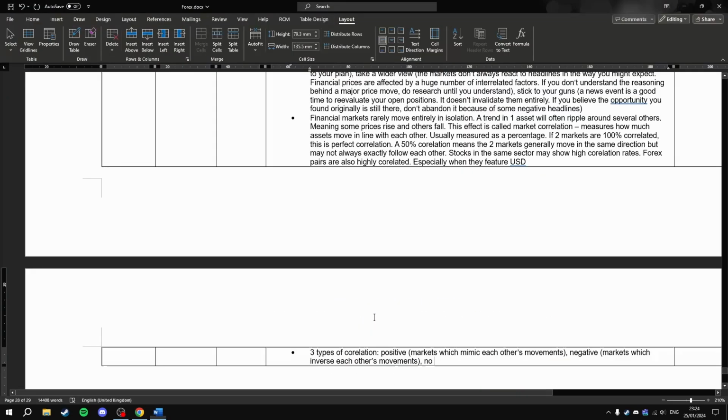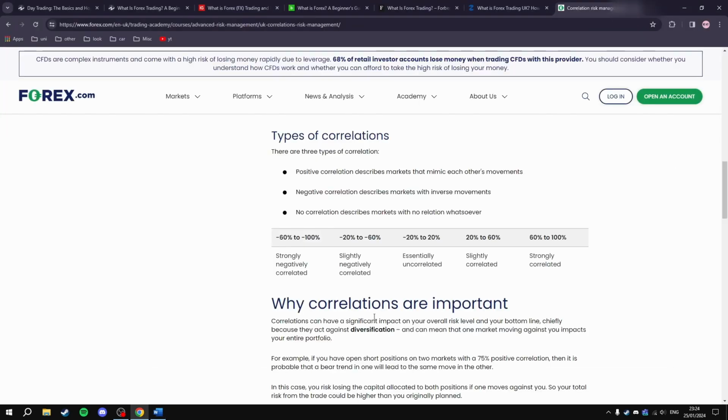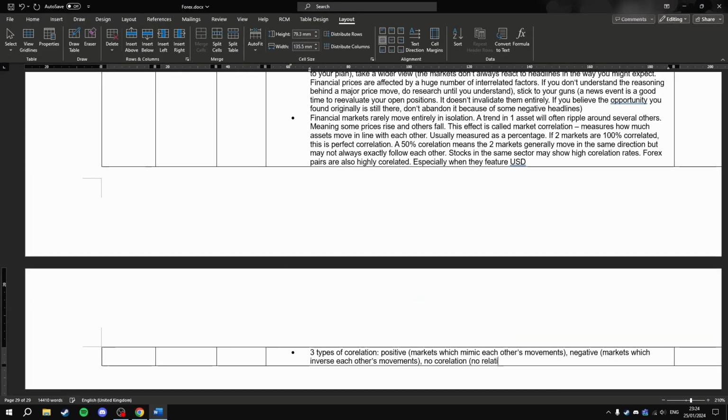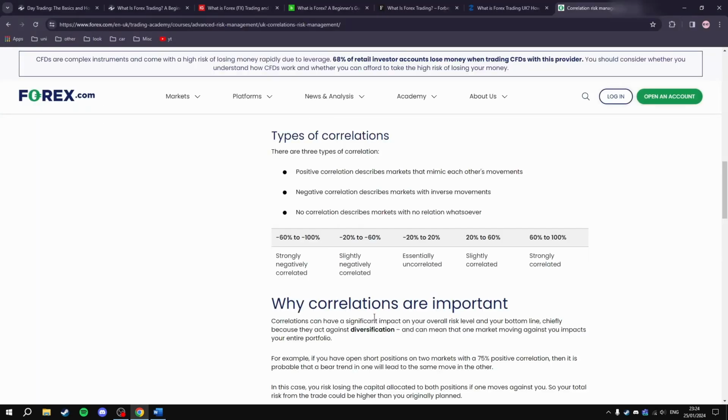No correlation: no relation whatsoever. So minus 60 to minus 100, strongly negative. Minus 20 to minus 60, slightly negative. Minus 20 to 20%, essentially uncorrelated. 20 to 60, slightly correlated. So the key ones are 60 to 100, minus 20 to 20, and minus 60 to minus 100.